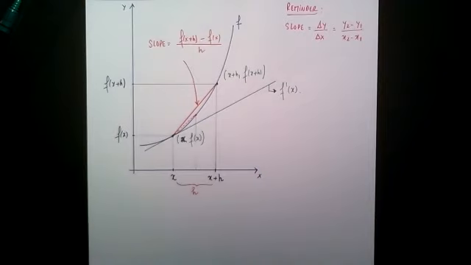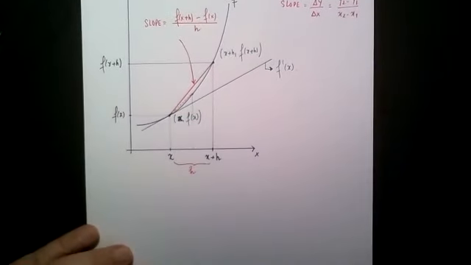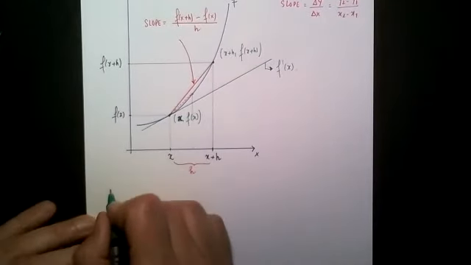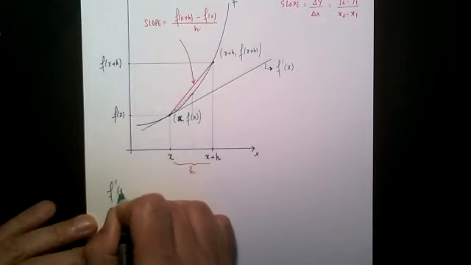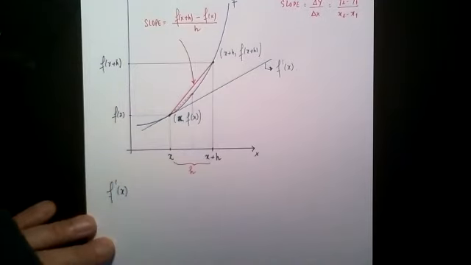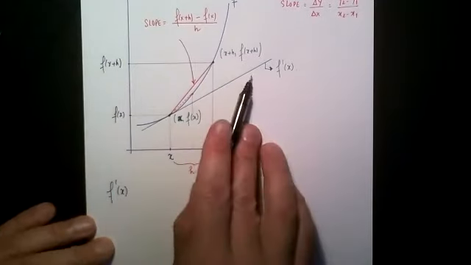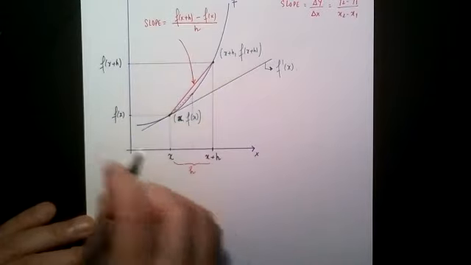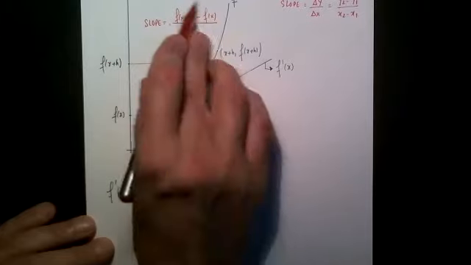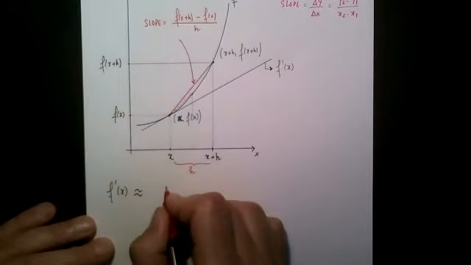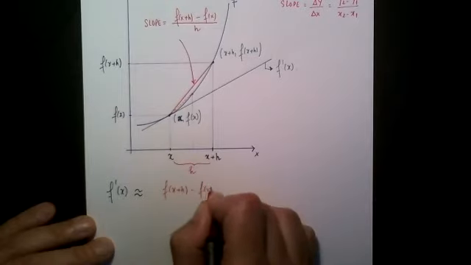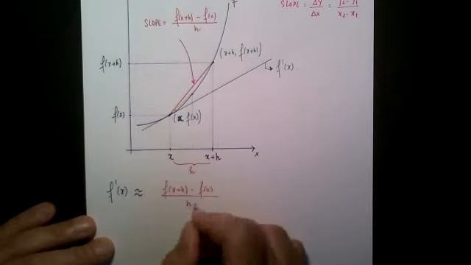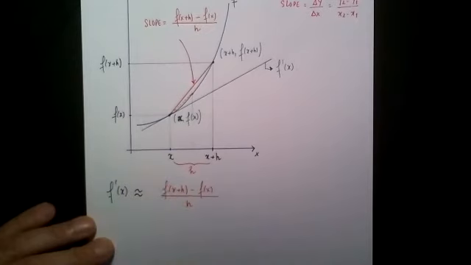Yes. Okay. So let's go back to what I'm interested in. I'm interested in f prime of x. f prime of x is the slope of the green line, which we said was approximately equal, not exactly, to the red slope, which is f of x plus h minus f of x over h, which of course depends on h.